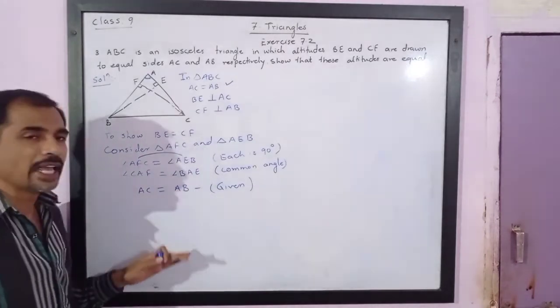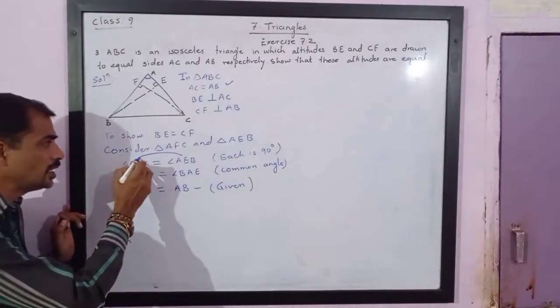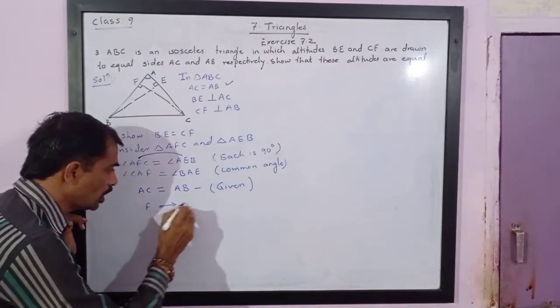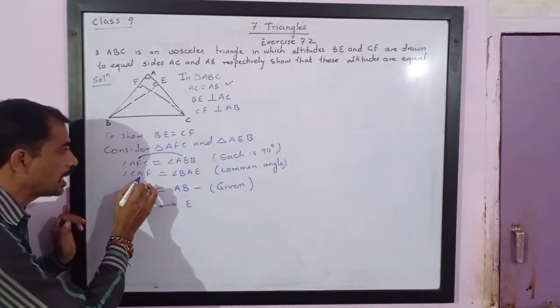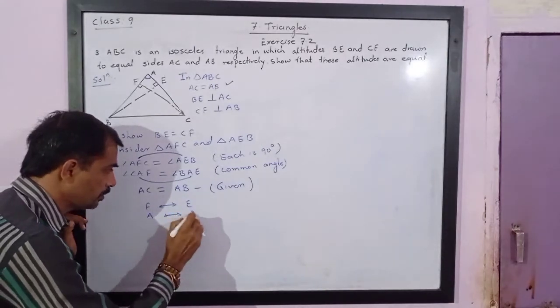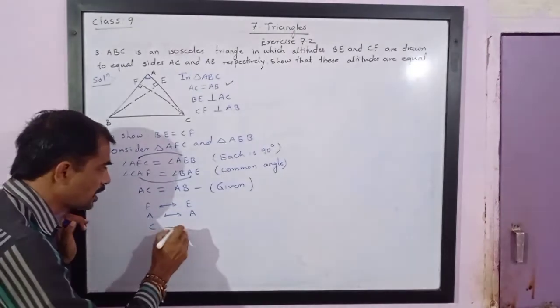But for writing the angle side test, we need to write one-to-one correspondence. So please note here F corresponds to E. Then A corresponds to A. And if A corresponds to A, it means C corresponds to B.